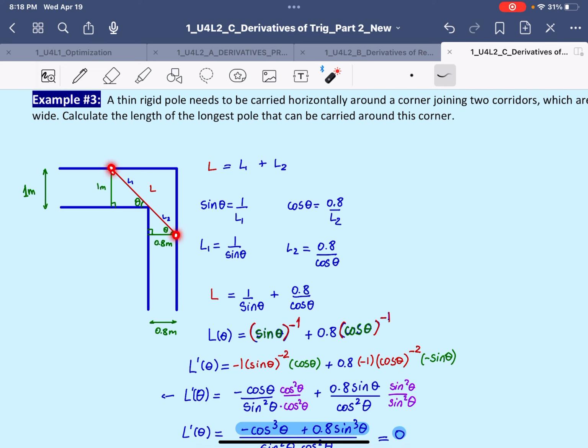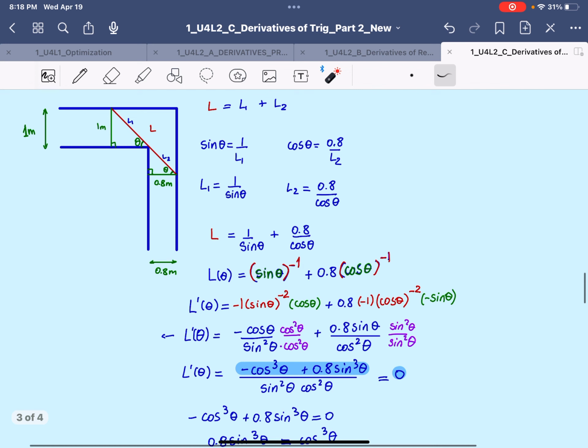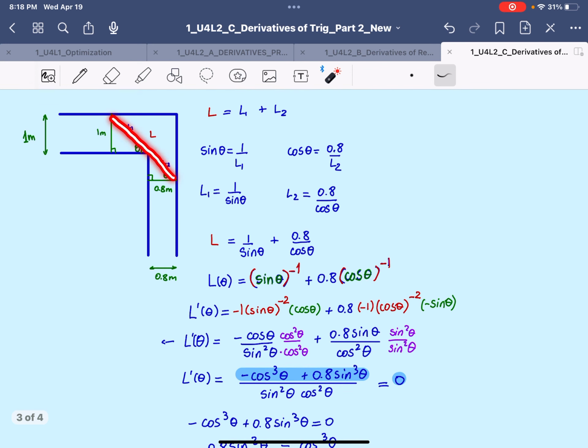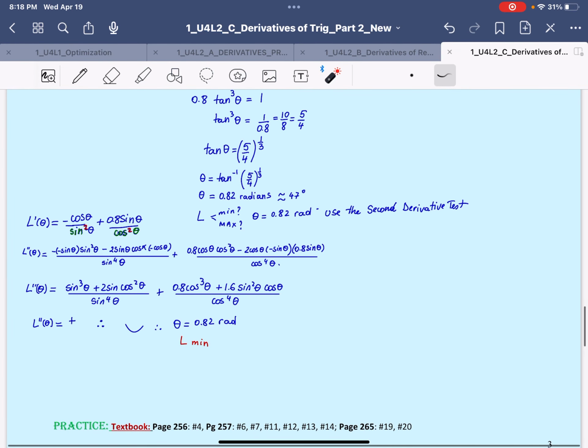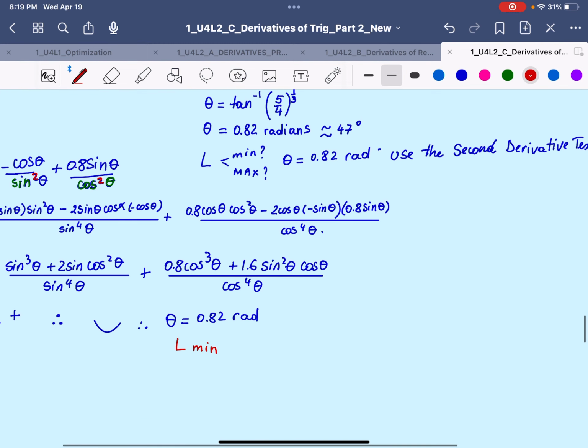So that means that the maximum length that we can carry around the corner here would be equal to the length that connects these two walls when the angle here would be equal to 0.82 radians. So we have confirmed that at theta equals 0.82 radians, the length will be a minimum.